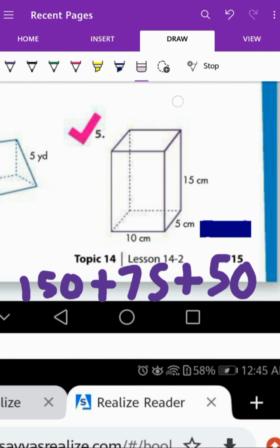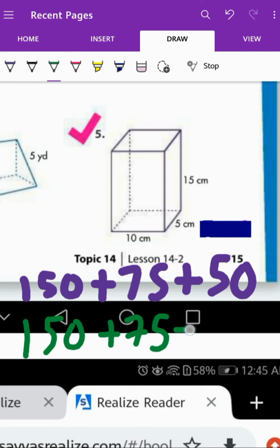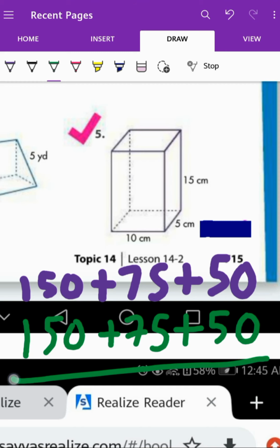And the 3 rectangles we cannot see, the back, the left, and the bottom, are the same, so duplicate each rectangle area. Add them all, you will get 550 centimeters square.